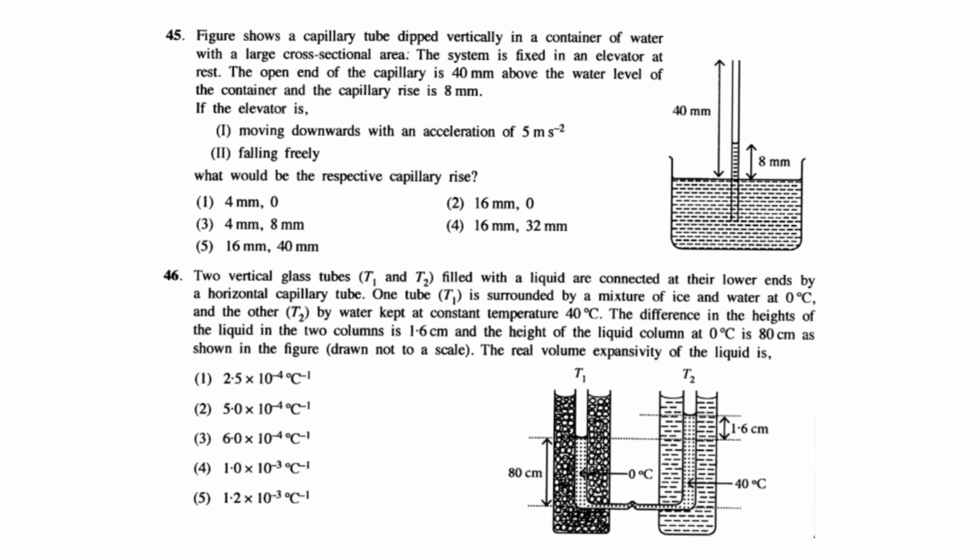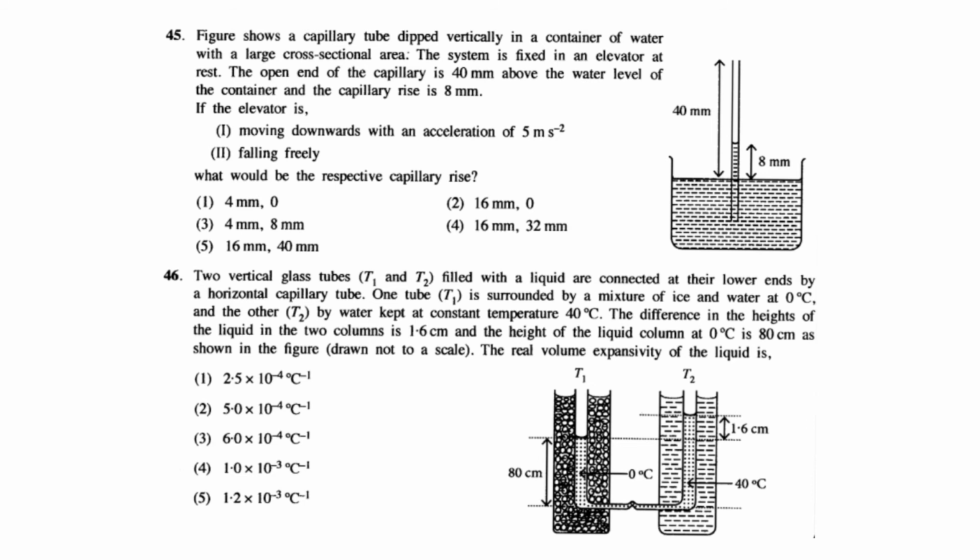R equals m times (g minus a). g is the gravitational acceleration, which is equal to 10, and a is the acceleration of the system, that is 5. So we get m times (10 minus 5), that is m times 5. R equals m times 5. So that is the effective acceleration when it is moving down with an acceleration of 5.